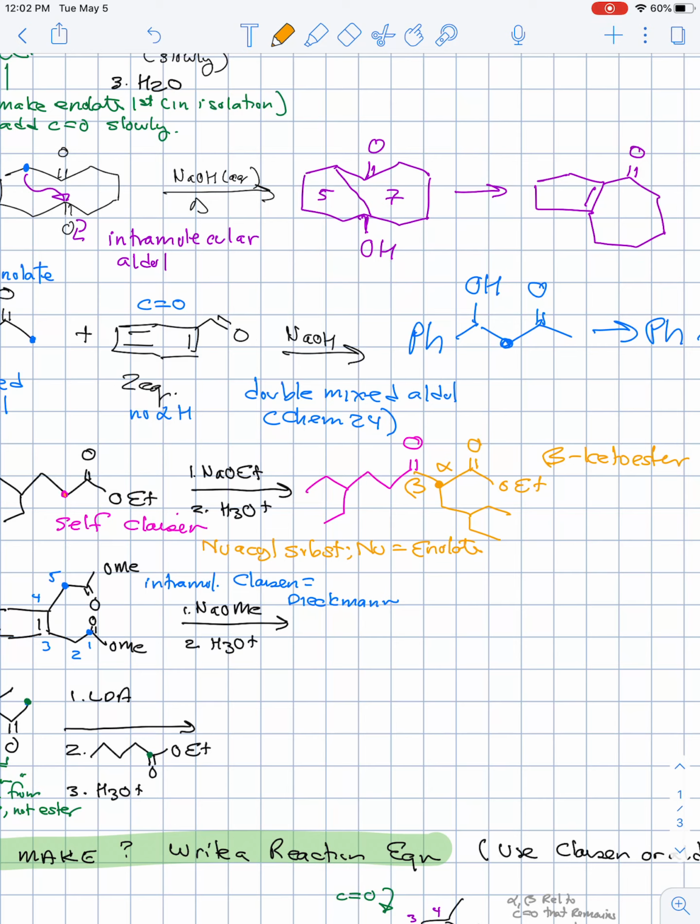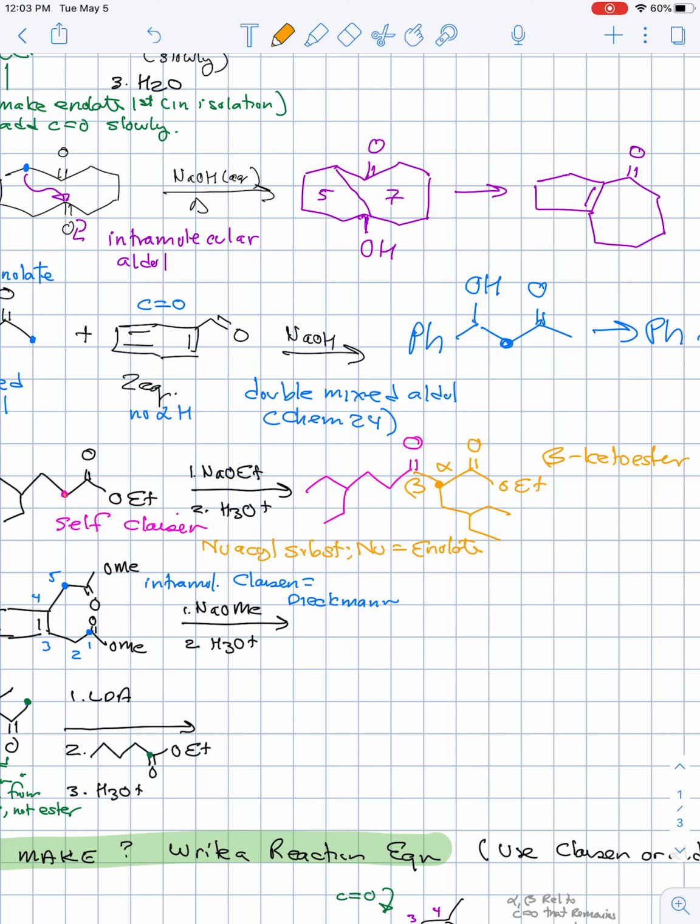So one way to check your work, I'm not saying you should memorize your way through this, but one way to check your work is to make sure that you do this reaction and you really do end up with a beta keto ester, or at least you end up with two carbonyl groups, one bond apart. And in this reaction, the carbon that I've labeled as alpha is alpha to the one that acts as an enolate. That is the alpha carbon that reacted.